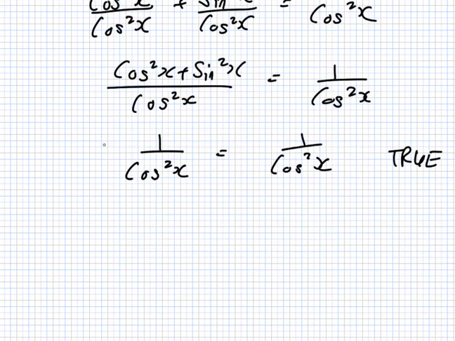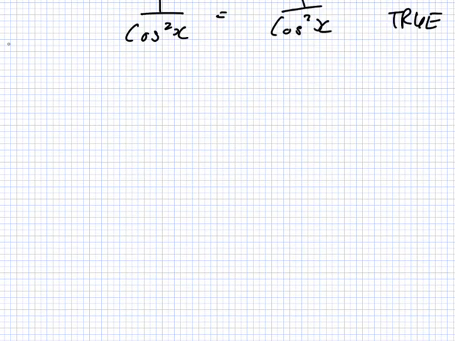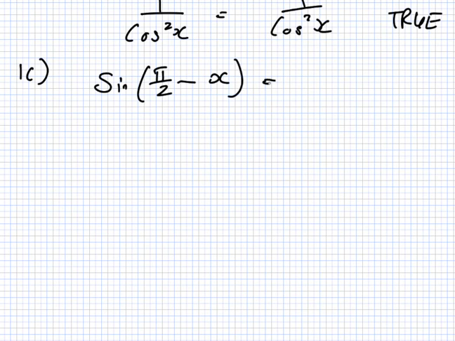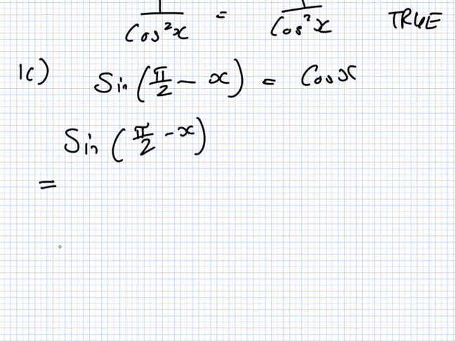Yeah, okay, so if we look now at 1C, I want to show that sine pi over 2 minus x equals cos x. So I think in this example, it would be much better if I start at the left. So sine pi over 2 minus x equals, well, this is the same thing as sine a minus b, isn't it?